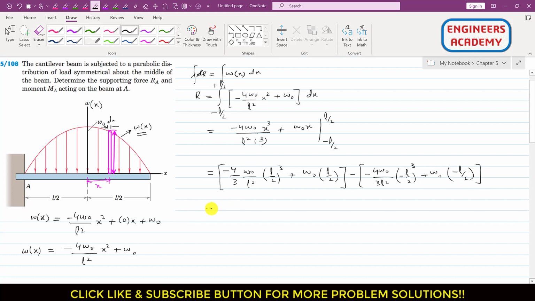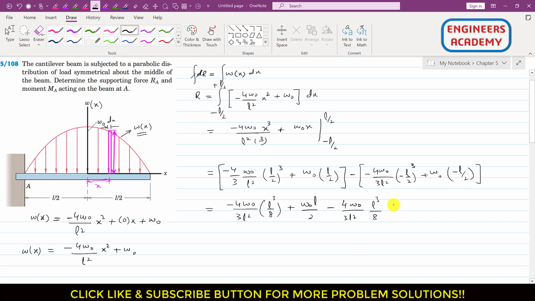So from this we get minus 4 omega naught divided by 3 L square. This will become L cube divided by 8, 2 to the power 3 is 8. This is plus omega naught L divided by 2. This will become a minus into minus, plus into minus minus, and this is 4 omega naught divided by 3 L square, and this will become L cube divided by 8.